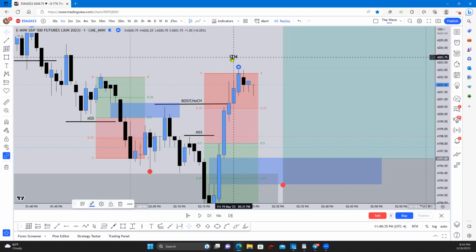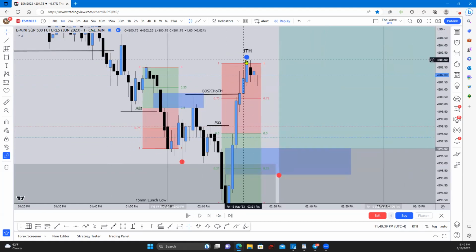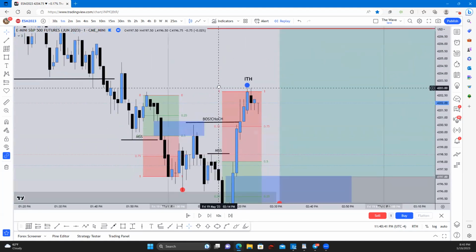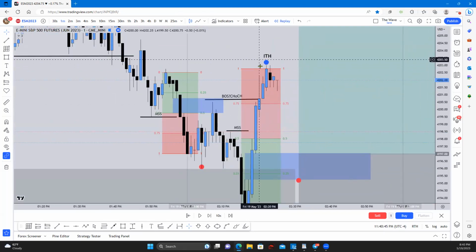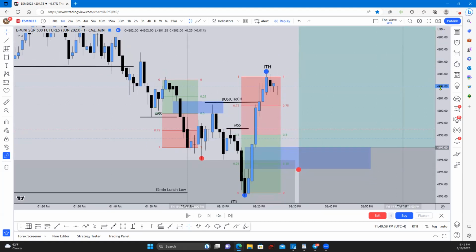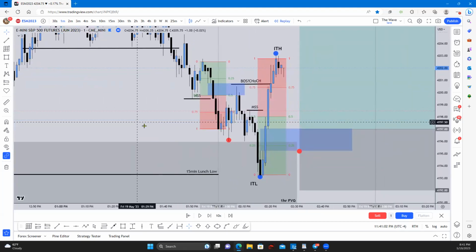Okay. And I'll go over this in a second here. So why is this your new form of liquidity? Because this is your new intermediate term high. Okay. What does that mean? And we'll see as price moves forward why that is.